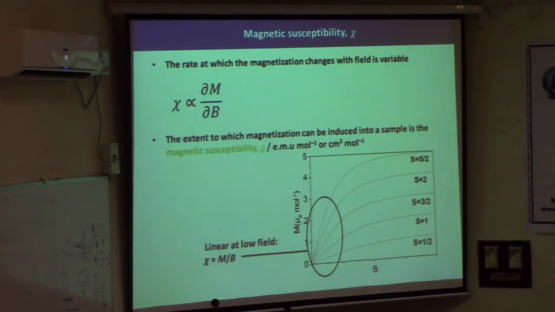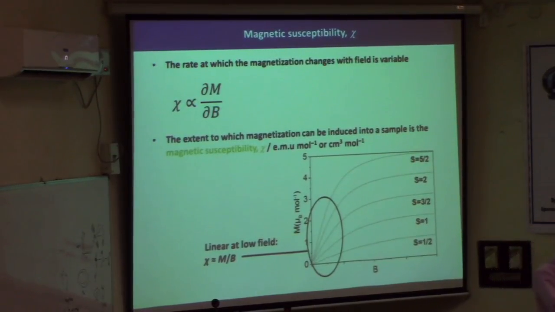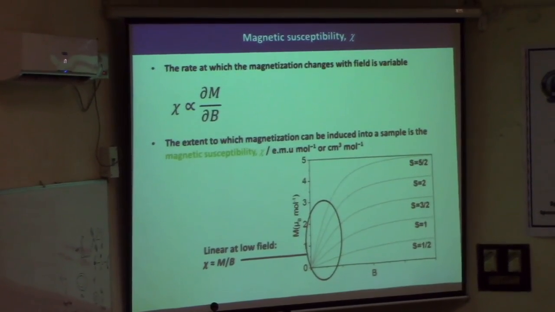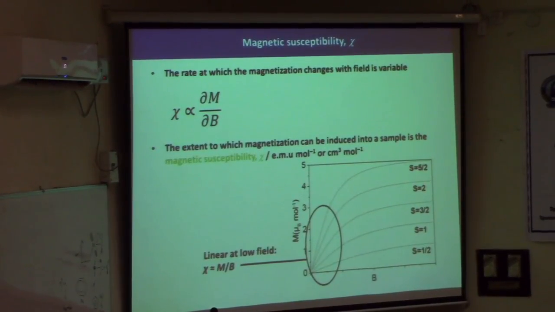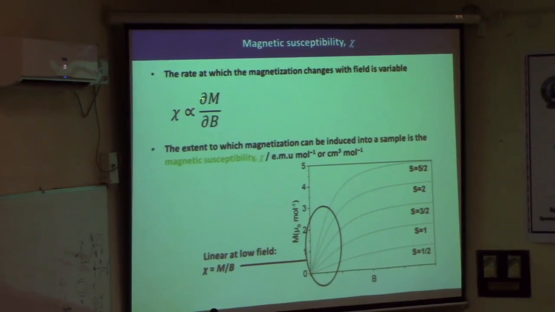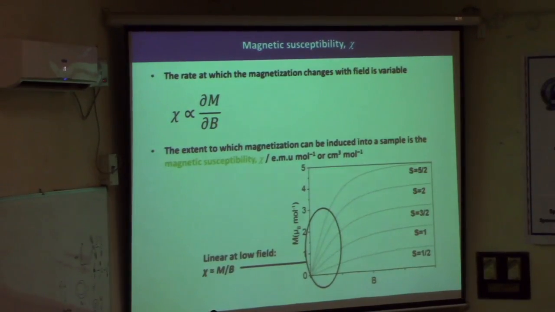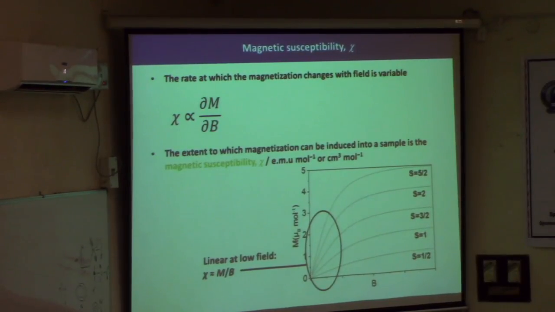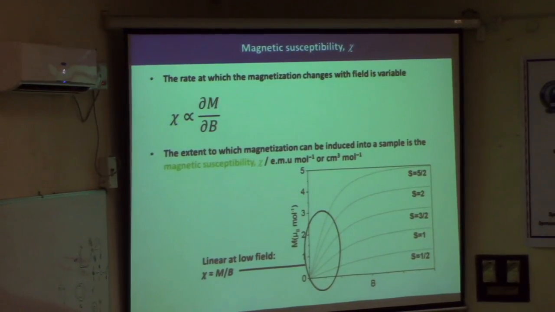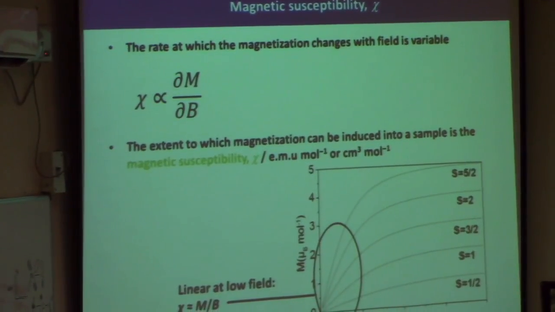Okay, so that was how the magnetisation changes expressed in terms of the energy and the magnetic field. The rate at which the magnetisation changes, so this bit here as well, can be shown here. Okay, so the rate at which the magnetisation changes with field also gives rise to a fundamental property in magnetism, which is the susceptibility. So this Greek symbol chi is the magnetic susceptibility, and there is more than one way of defining this.